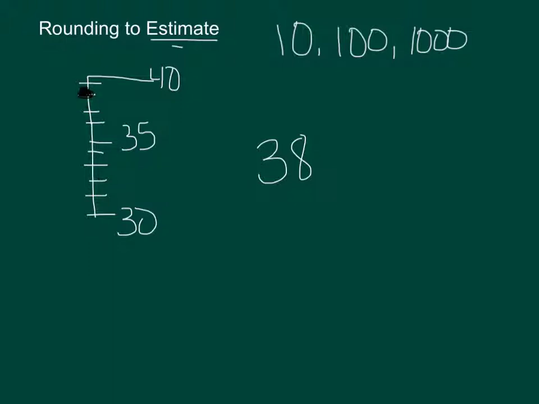So we say that 38 can round to the number 40. We don't want to be too far away from the original number, in this case 38, but we would like a number that's easier to work with. 30 or 40 would be easier than 38, but since 38 and 40 are closer together, we'll round 38 to 40. Let's try another one.